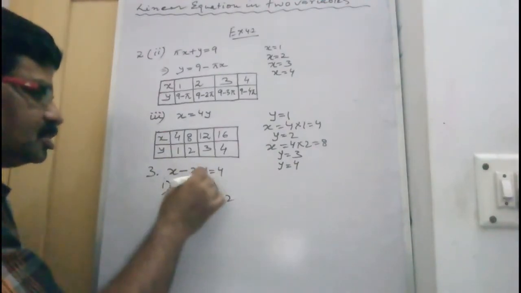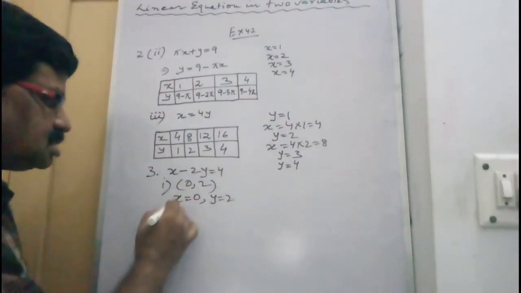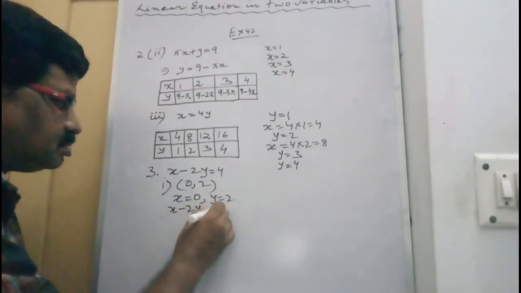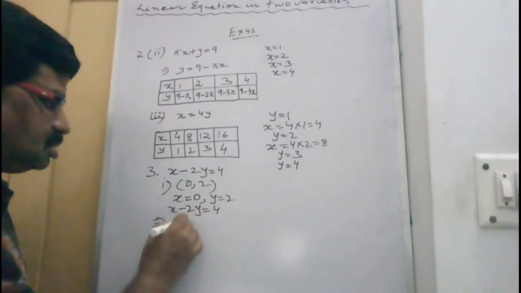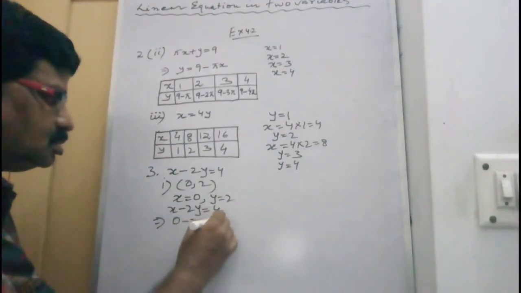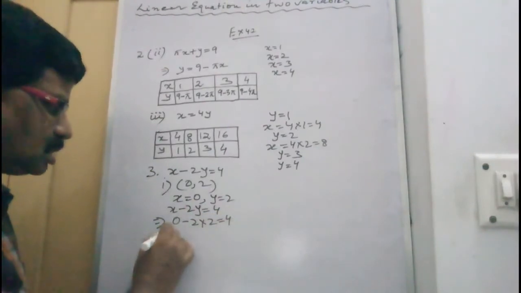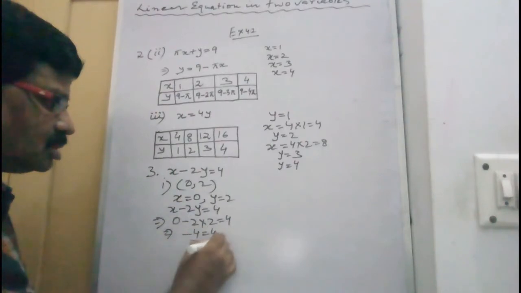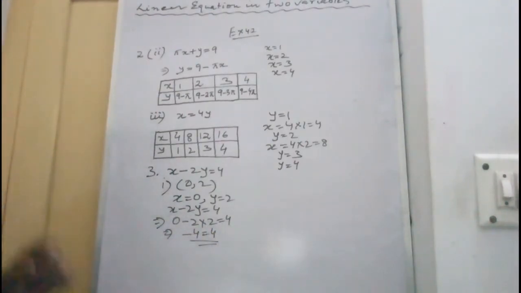So now put the value of x and y in this equation. So x minus 2y equal to 4. 0 minus 2 into 2 equal to 4. So minus 4 equal to 4, which is not equal.